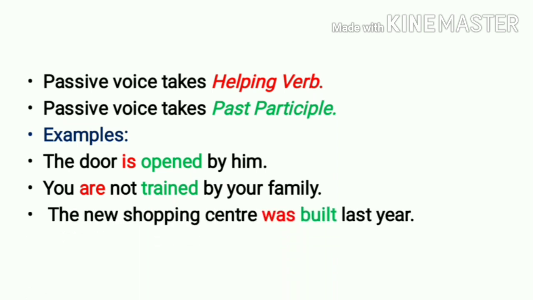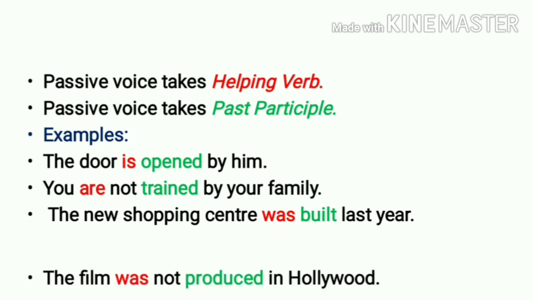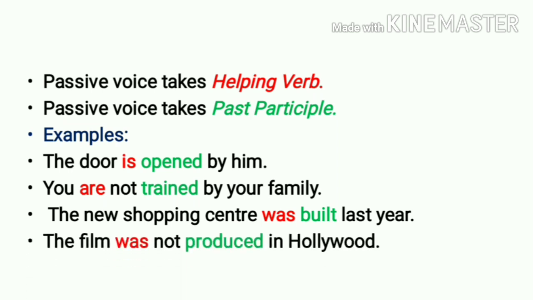The new shopping center was built last year. Was, that is helping verb. Built, that is past participle. The film was not produced in Hollywood. Was, that is helping verb. Produced, that is past participle. That means all these examples are in passive voice.